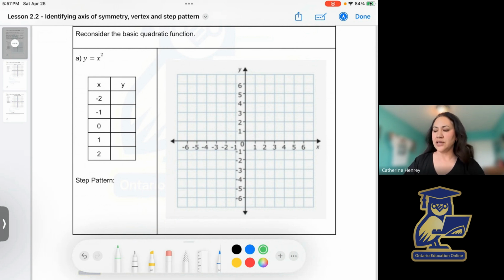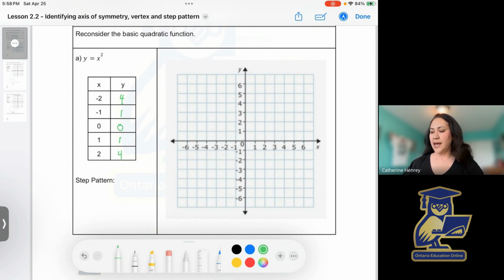So for y equals x squared, -2 results in a y value of 4, -1 gives me a y value of 1, 0 gives me a y value of 0, +1 gives me a y value of 1, +2 gives me a y value of 4.